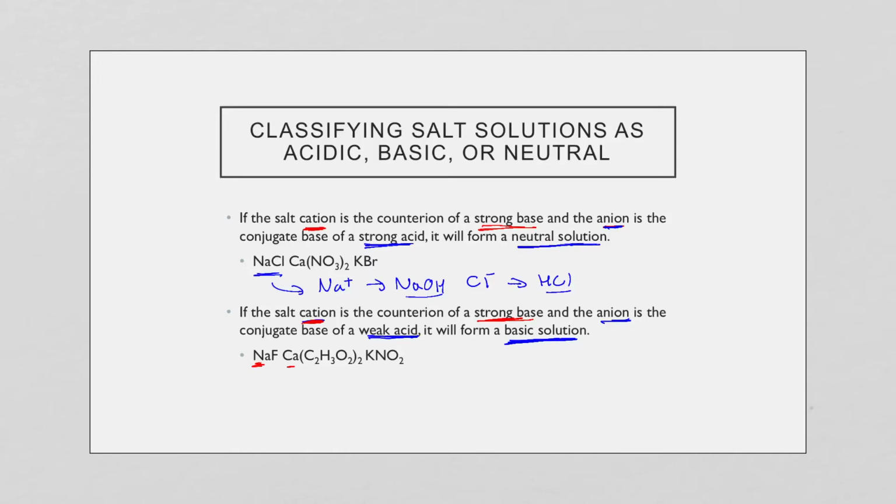So for example, let's look at this one. So I have potassium ion, right? It comes from, it would be the KOH, right? Strong base, no effect. But NO2, sorry, not NO3.